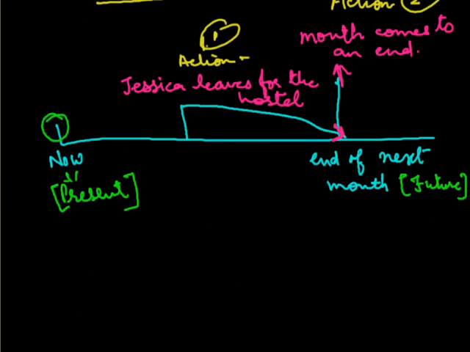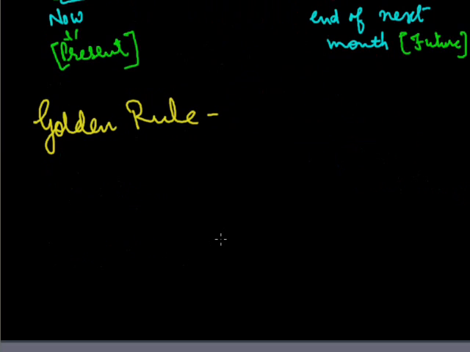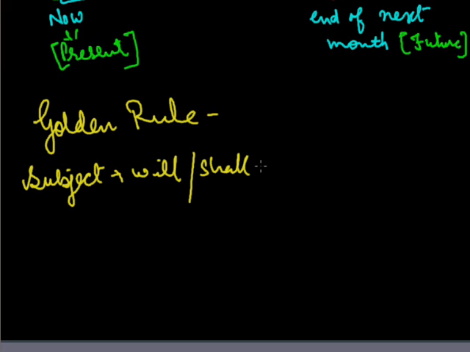So now I want to tell you the rule, the golden rule, which we always follow. Golden rule is subject plus will or shall plus have, and with have what do we use?